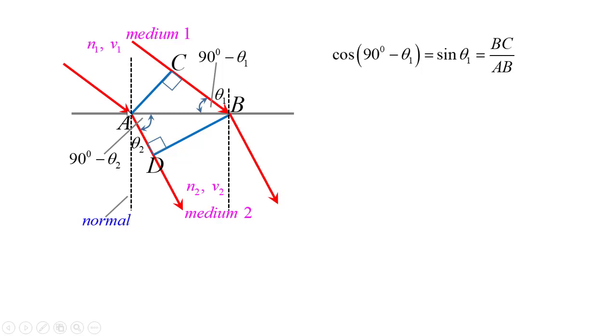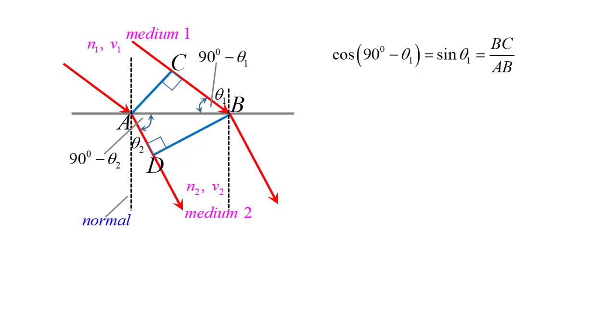When ray 1 is just over point A, the second ray, ray 2, is at point C. During the same time interval that ray 1 travels from A to D, in the same time ray 2 travels from C to B. So the distance AD and the distance CB are traveled within the same time interval.